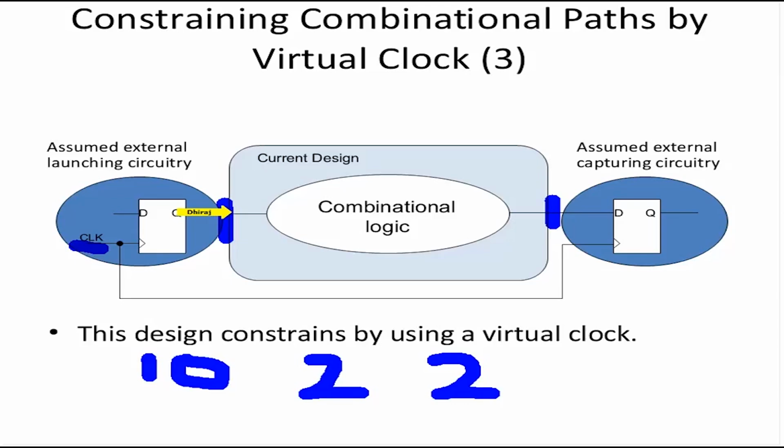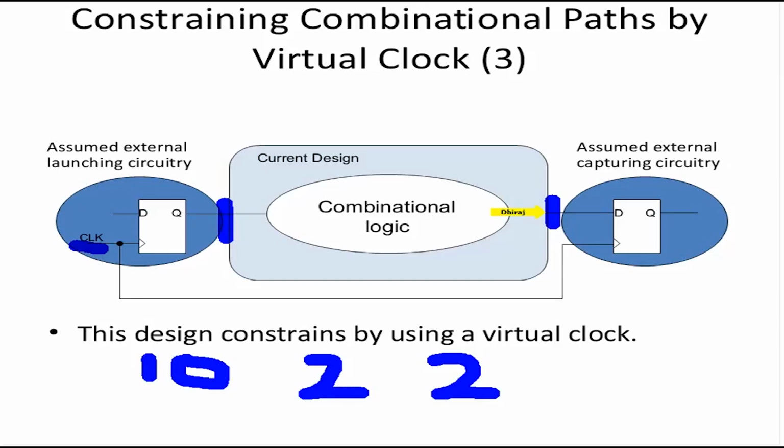Whatever delay this combination logic takes, let's say it takes x. So data arrives here at 2 plus x. Again, an output delay of 2 ns means that the external world will consume 2. So the total delay is 2 plus 2 plus x.